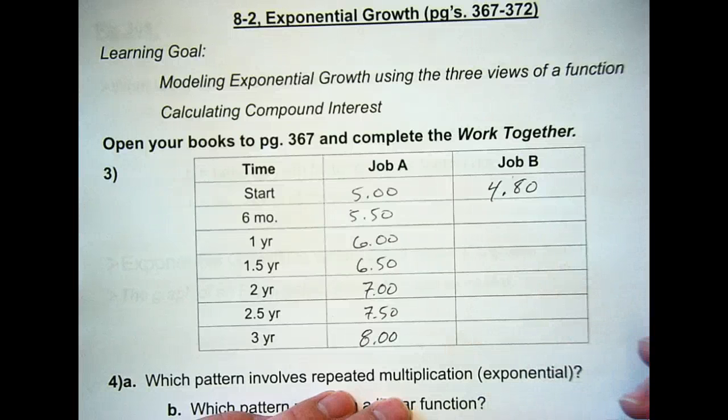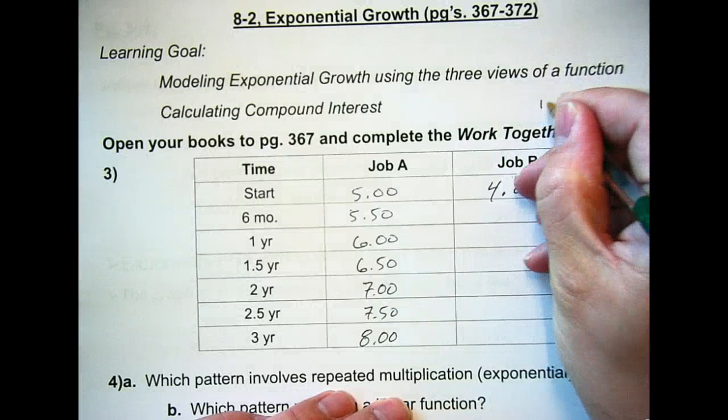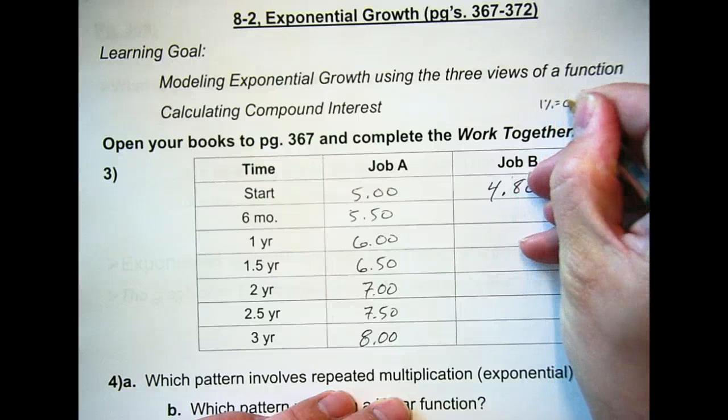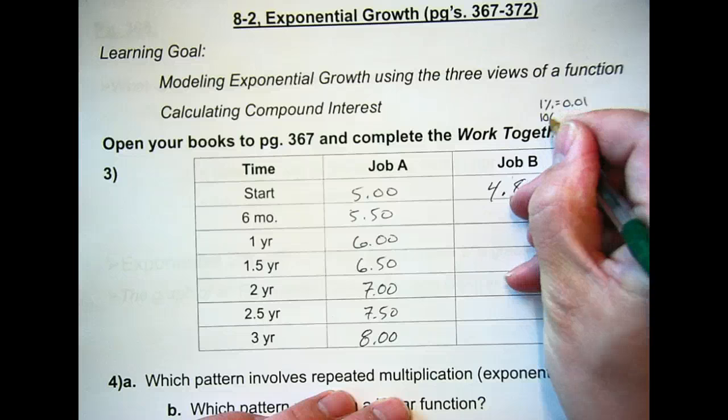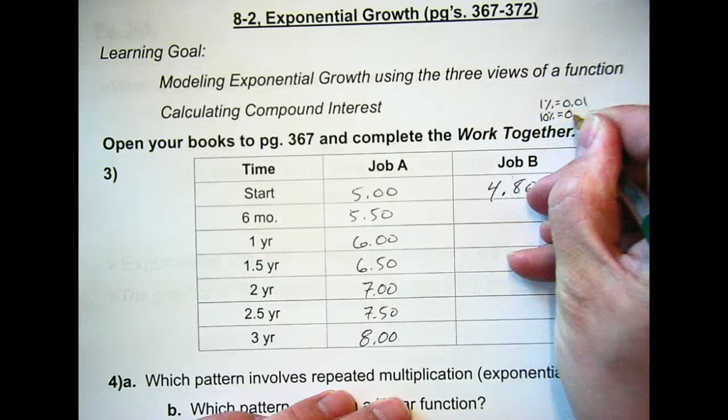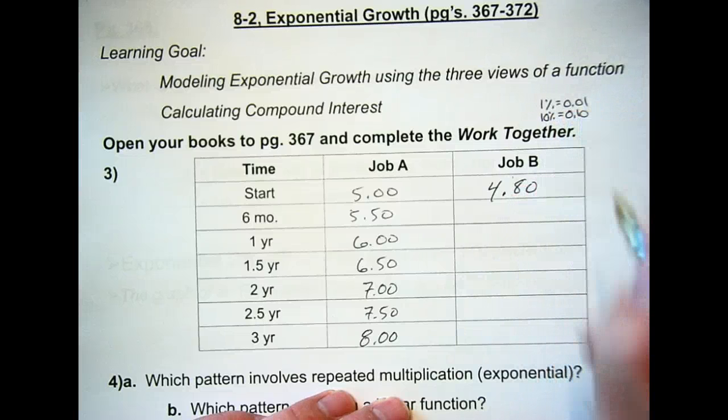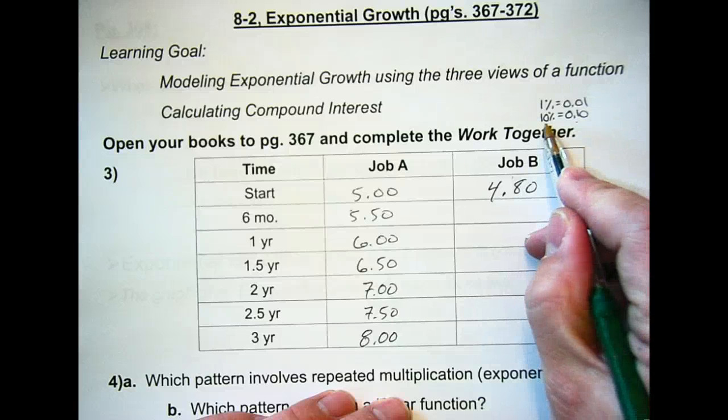If I'm talking about 1%, that in decimal form is the same thing as 1 cent. Everyone knows the difference between 10 cents and 1 cent? Yes. 1 cent, how do we write 1 cent? 0.01. Good. 1% then is 0.01. 10%, how do we write 10 cents? 0.1, and some people put the 0 at the end. That's 10 cents. That's 10%. What's 100%?